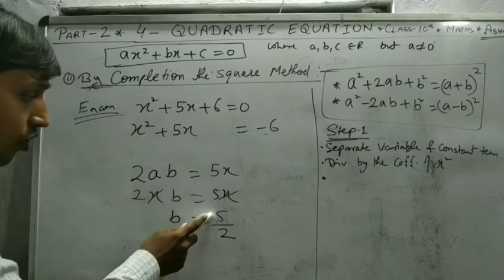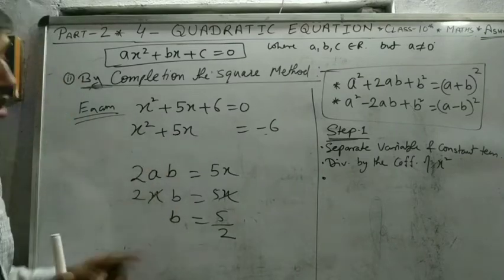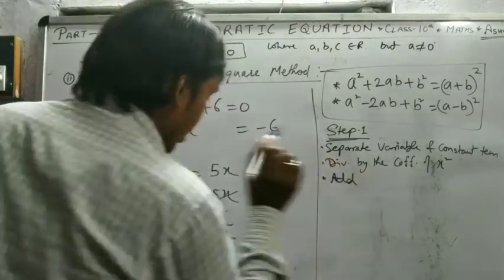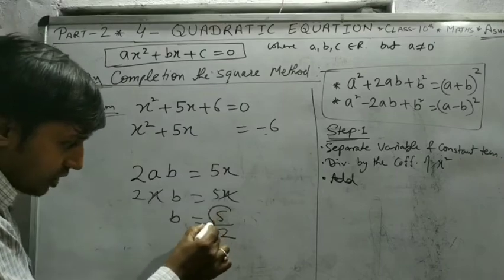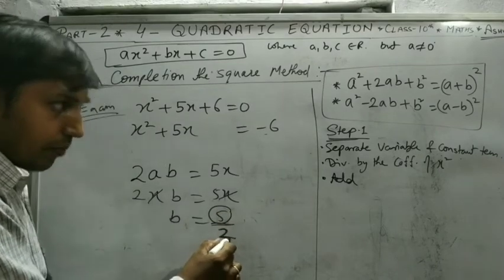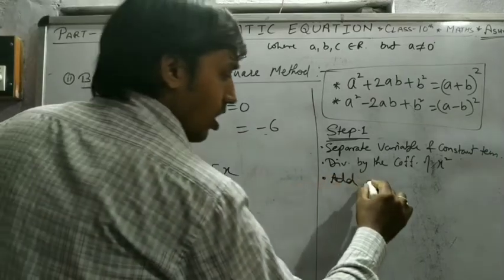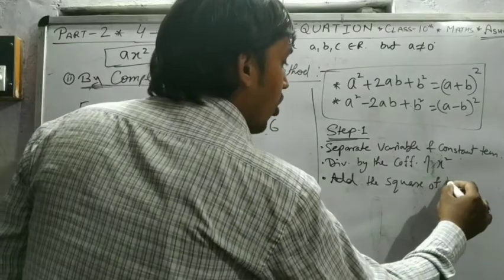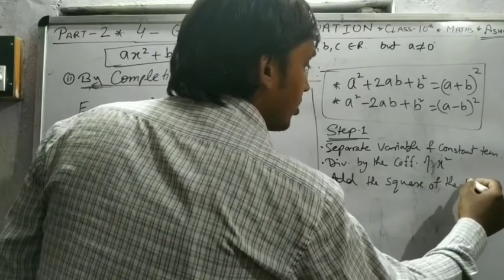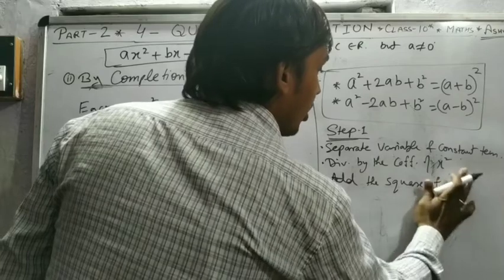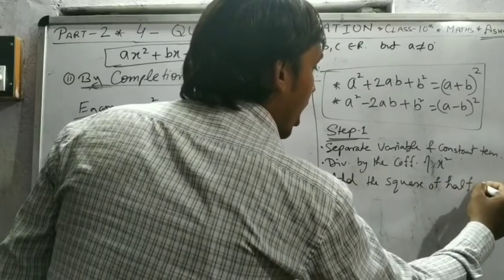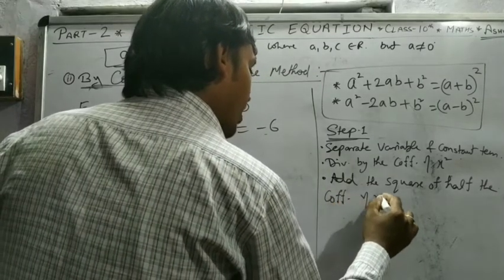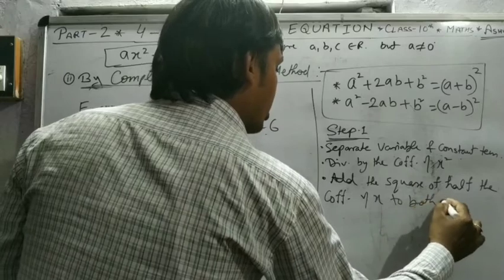So that's the third step. Where is the 5? This 5 is the coefficient of x, and dividing by 2 means add the square of half the coefficient of x to both sides.